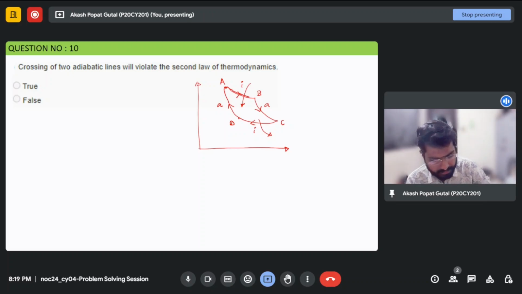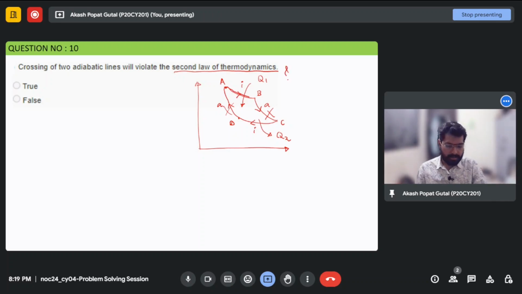And as we can see, suppose this is Q1 and this is Q2. So the question is asking about crossing of the two adiabatic lines. Crossing means if you delete these two lines, so what does it violate the second law of thermodynamics?